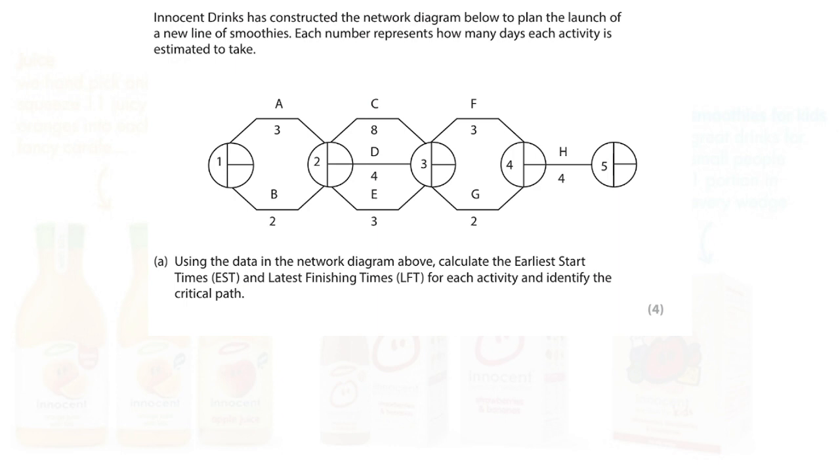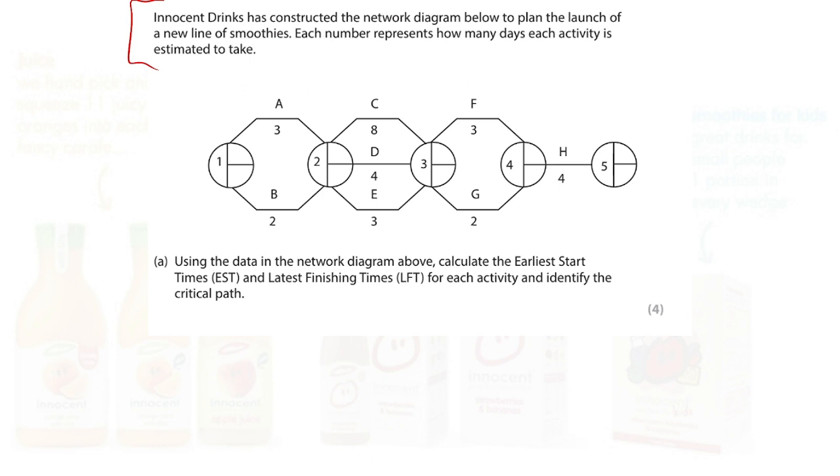Now this type of 4-marker, go careful. Top tips from the theme 1 video I did for you was make sure you read the case study. If there's text above or below, asterisks always give stuff away normally. So Innocent Drinks have constructed their network diagram and they plan to launch a new line of smoothies. Each number represents how many days each activity is estimated to take.